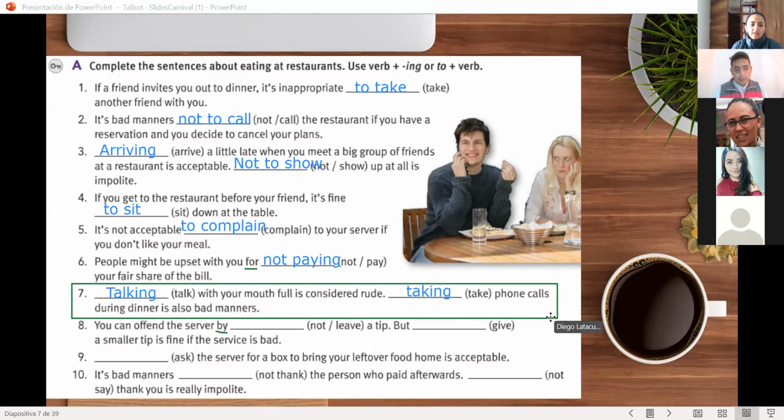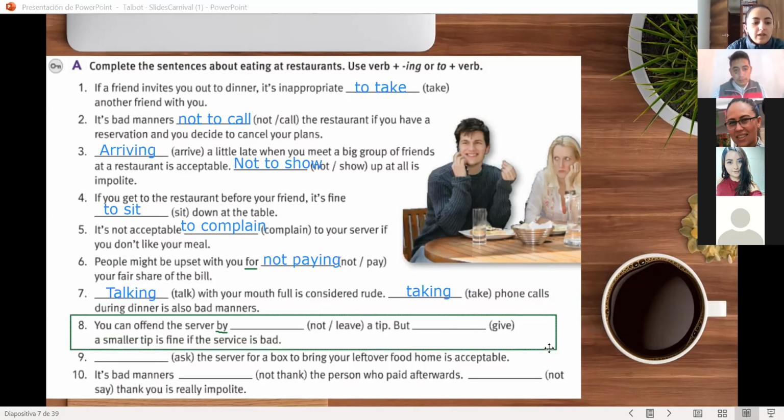Number 8. Let's see if Nancy is there. Nancy, can you help us with number 8, please? Teacher. Sería you can offend the server by not leaving a tip. ¿De acuerdo?